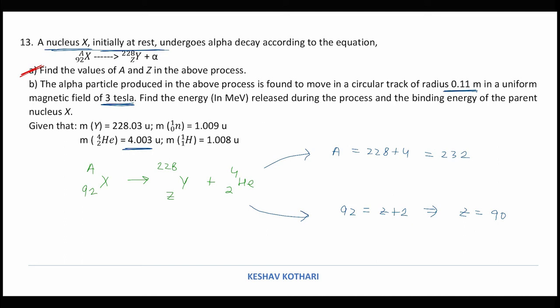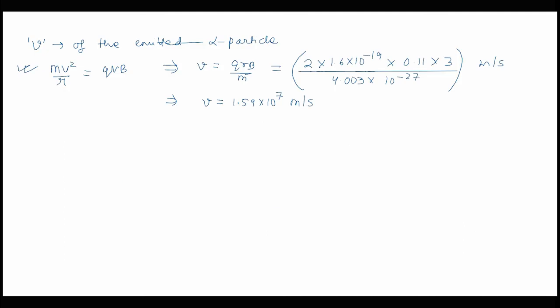If I conserve the momentum, the magnitude of momentum of Y and momentum of the alpha particle will be the same, but they both will be moving in opposite directions. So initially X was at rest and then it undergoes an alpha particle emission, as a result of which the alpha particle is moving with a velocity v, and the Y or the daughter nucleus produced will move with a certain recoil velocity, which I am calling vy.